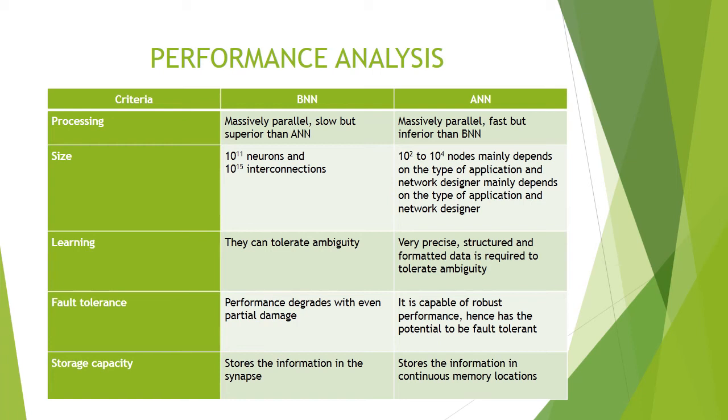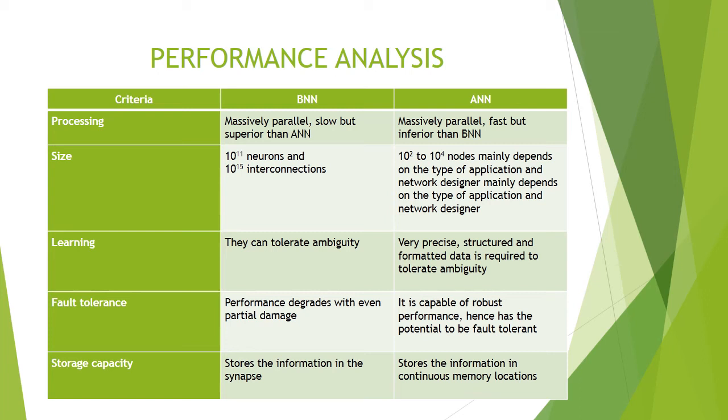Then coming to the learning process. As we all know, the learning process is of two types, supervised and unsupervised. Supervised learning means it is being tracked, and unsupervised learning means it is not tracked. In a biological neural network there is ambiguity. Yes, things may not be sure, but ANNs are precise.